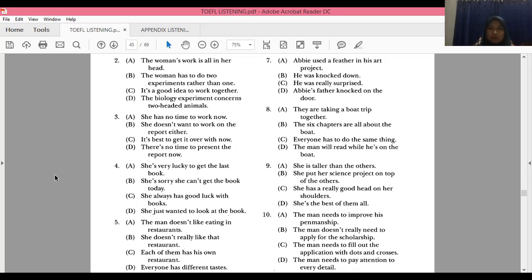Number 9. Anne's project for the science fair was incredible. She's really head and shoulders above the rest. What does the man say about Anne? Number 10. I can't believe how many forms I have to fill out to apply for the scholarship. Yes, and you should be sure to dot all the I's and cross all the T's. What does the woman mean?